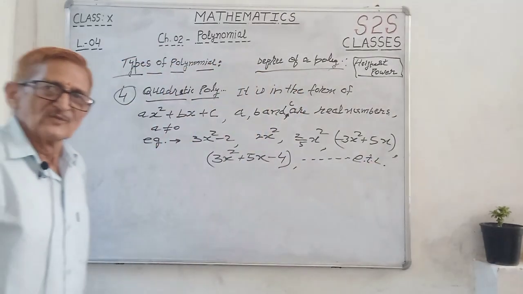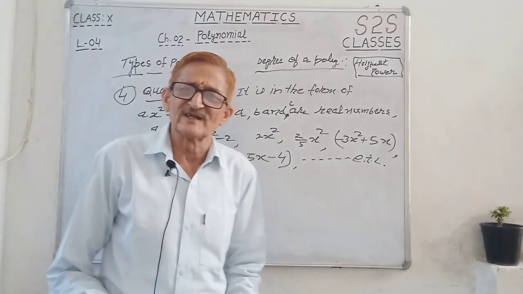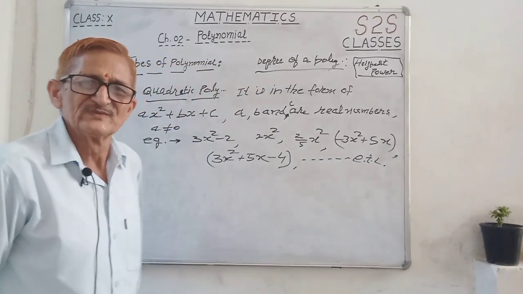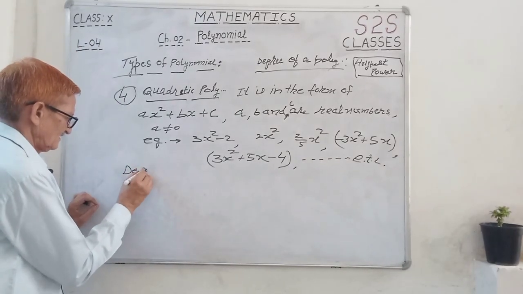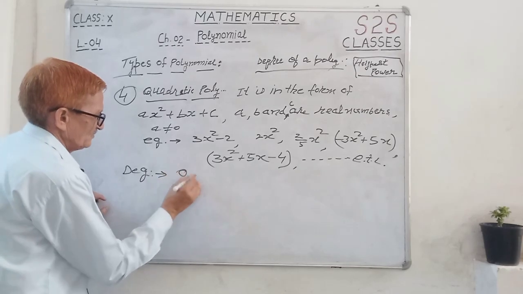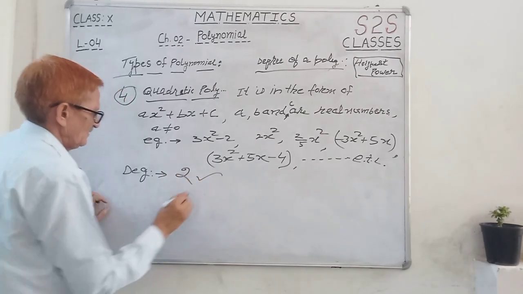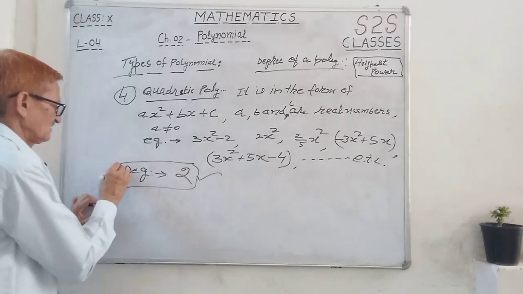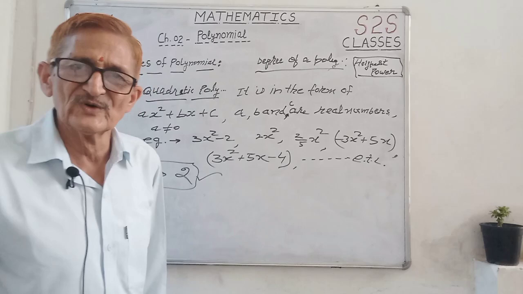Okay, the important thing here is that for the quadratic the highest power is 2, so the degree of this polynomial is 2, because the highest power of x is 2.